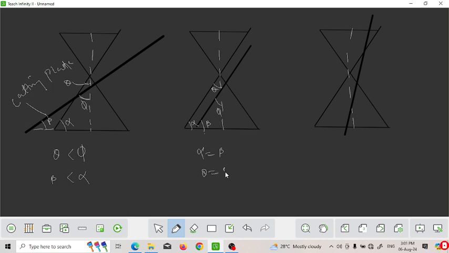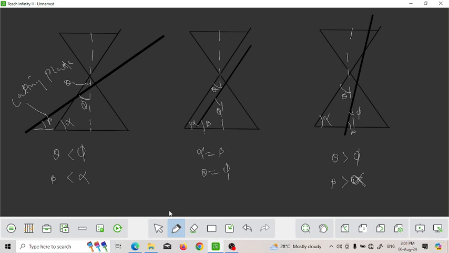So theta is equal to phi. This is our alpha angle, this is our beta, this is phi, and this is theta, the semi-apex angle. Here theta is greater than phi, and beta is greater than alpha.